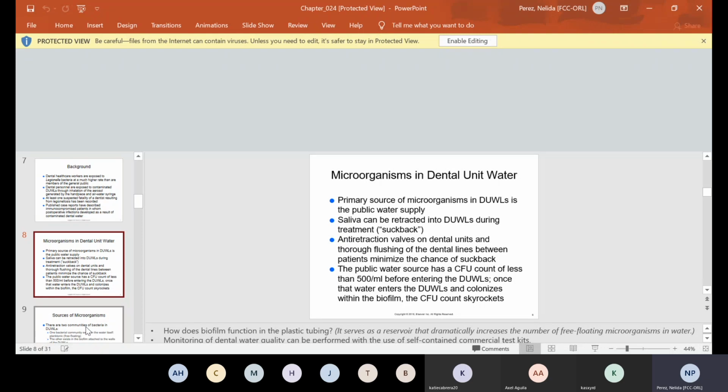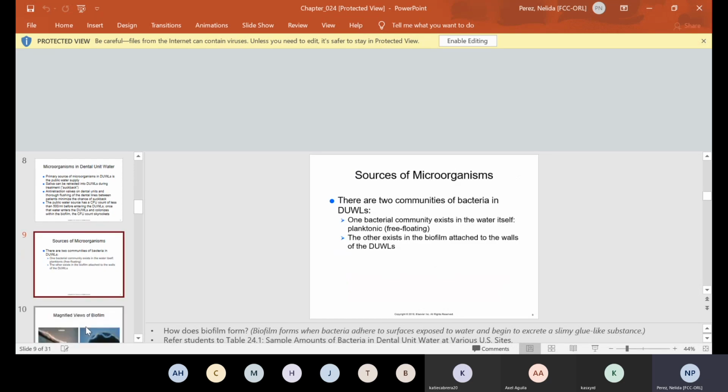We don't want plaque. So biofilm in the plastic tubing serves as a reservoir that dramatically increases the number of free-floating microorganisms in water. In other words, we have these little valves inside the dental unit lines to help prevent that. The source of microorganisms: there are two communities of bacteria in DUWLs.